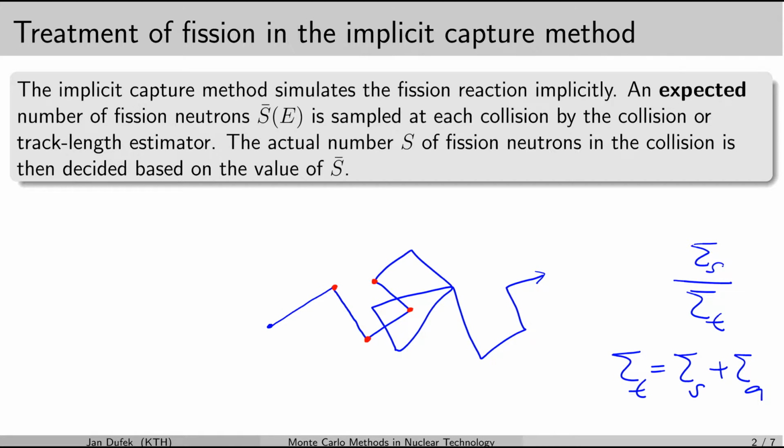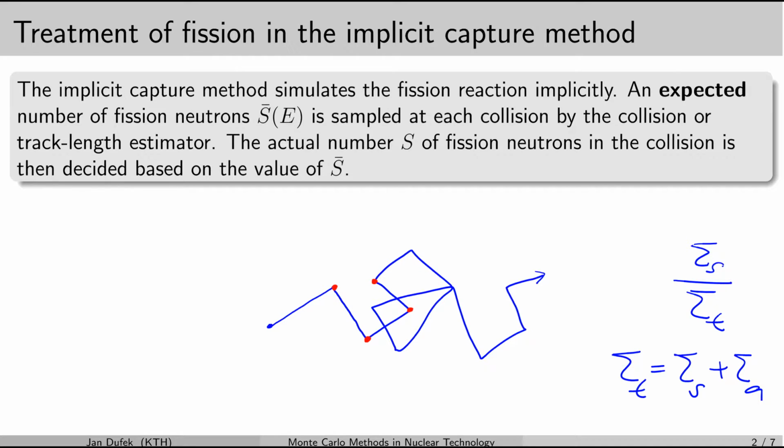Of course it is dependent on the neutron energy, because we have to reflect the probability that the fission reaction occurs at a specific collision point. We also need to reflect the statistical weight of the neutron at this collision point into this number. And I'm going to show you two ways how you can estimate this number in the next slides.